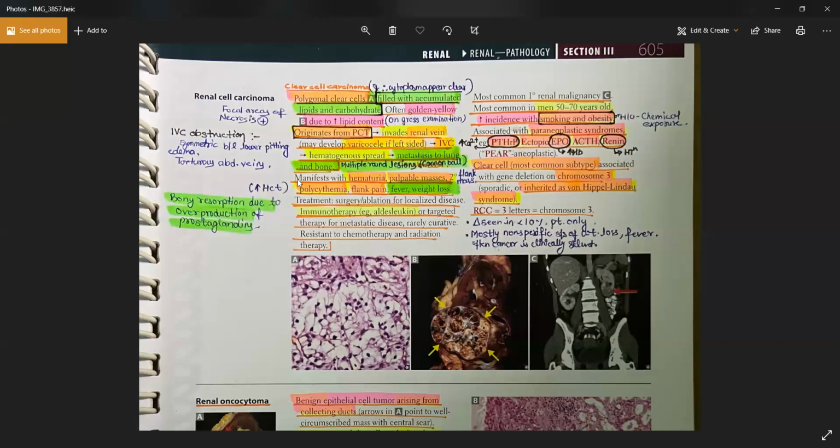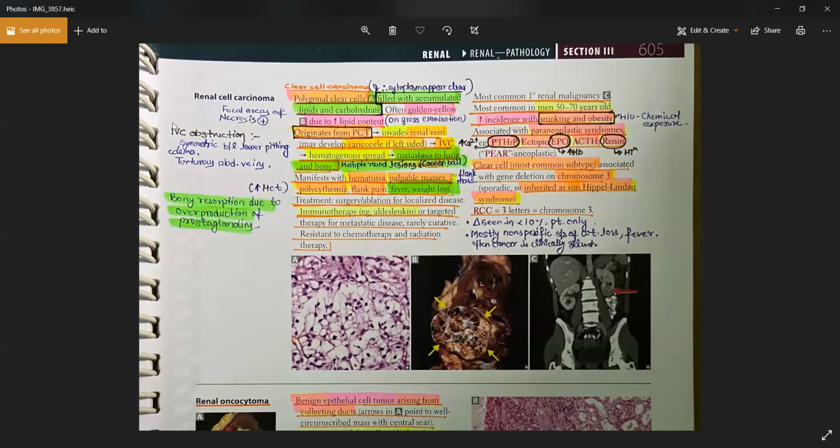But generally, you won't see all of these; the most common presenting complaints are fever, weight loss, flank pain, polycythemia, and hypertension. Hematuria and palpable mass are generally not seen. So a patient with fever, weight loss, fatigue, flank pain, CT showing a renal mass, hypertension, and polycythemia, think about renal cell carcinoma.